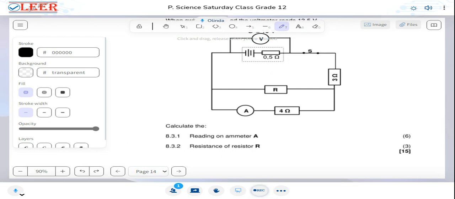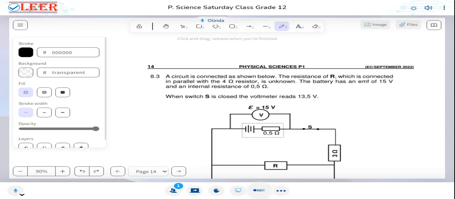Okay, so how would we go about calculating the reading on the ammeter? It's 6 marks. So there's a couple of steps that we're gonna have to do. Okay, so this is how we can go about it.